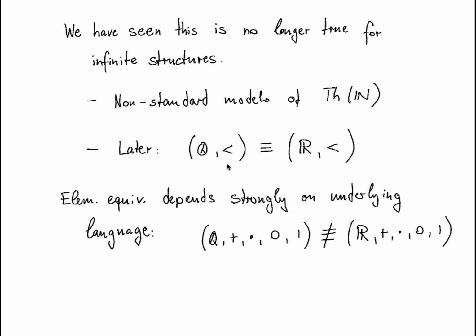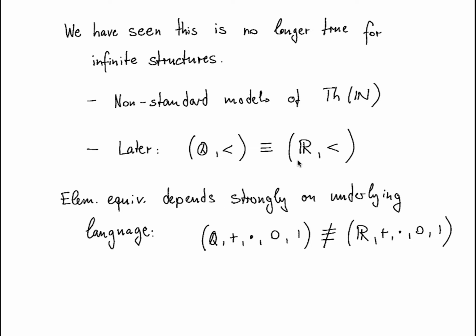Later, we'll also see that if we only consider the rationals under the order, so no algebraic structure included, this is elementary equivalent to the total order of the reals. But clearly, those two structures cannot be isomorphic because they don't even have the same cardinality.